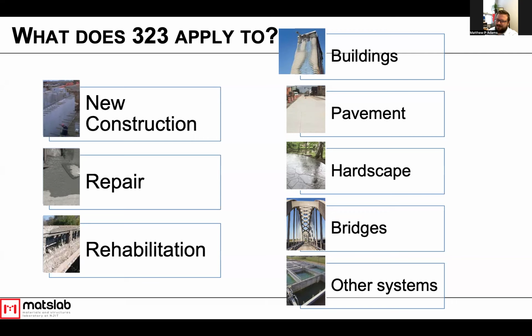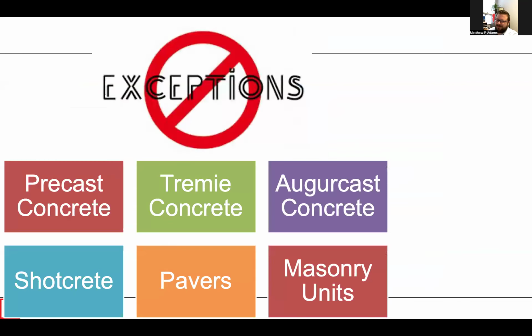And so unless you have a really large repair project where you're using a lot of new ready-mix concrete, it's unlikely that you'll trigger it. The code does cover all different types of systems, so buildings, pavements, hardscapes, bridges, tanks, underground structures, basically anywhere where you would use ready-mix concrete, the code applies.